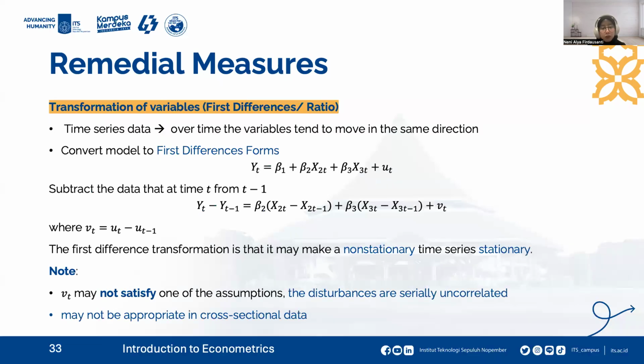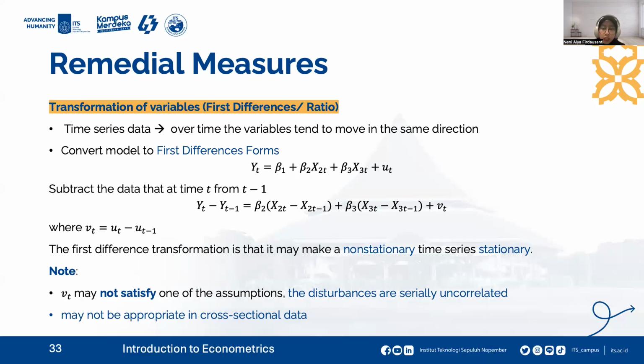And then the other solution is first difference. You calculate the first difference, using the concept of first difference in time series. It will remove trends that cause correlation between variables.